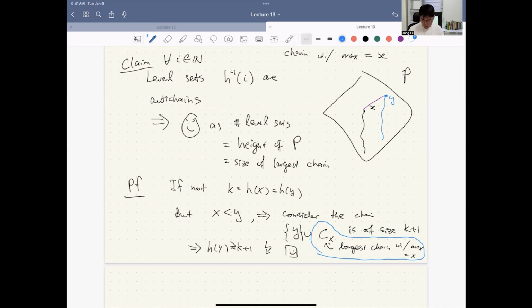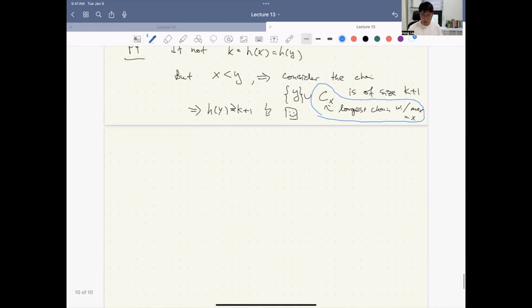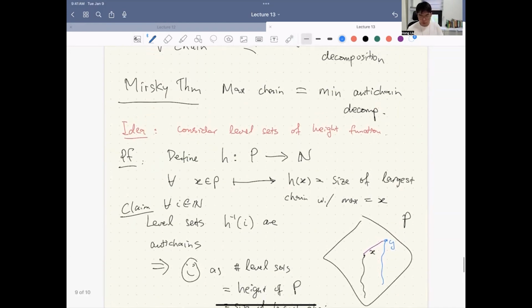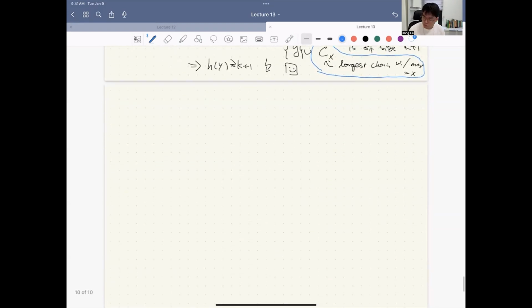I think so. Yeah, let's try. We have 10 minutes. So now let's prove Dilworth's theorem. There are several ways to prove it. At least as I know, there are 3 ways. I will leave the other 2 ways as exercise.